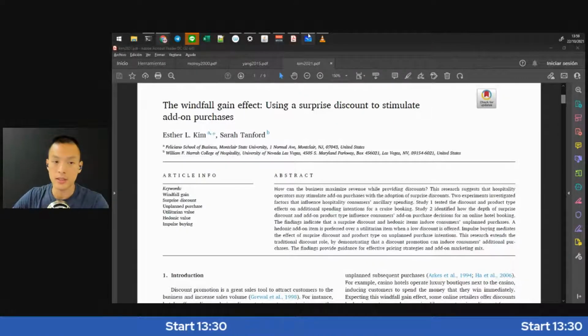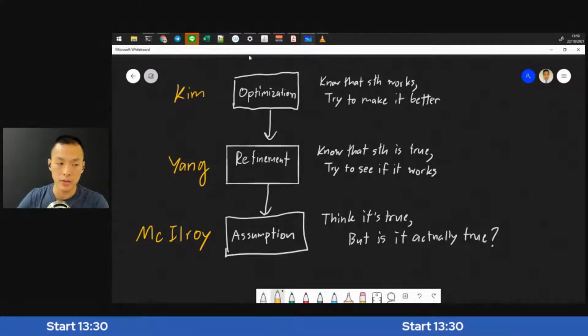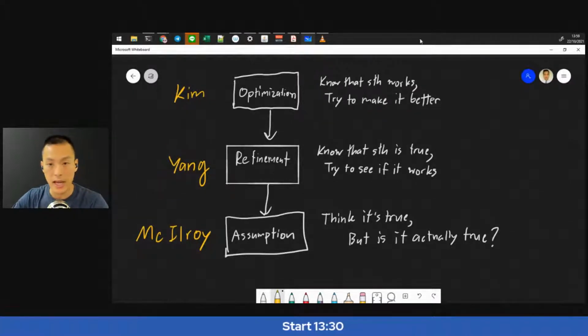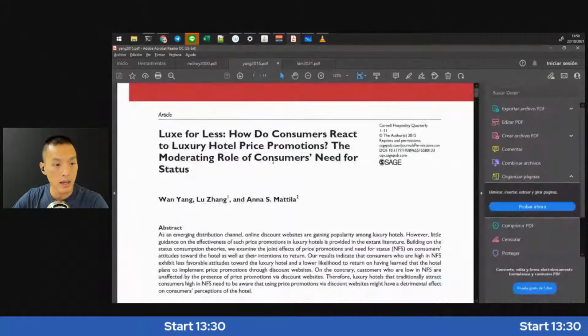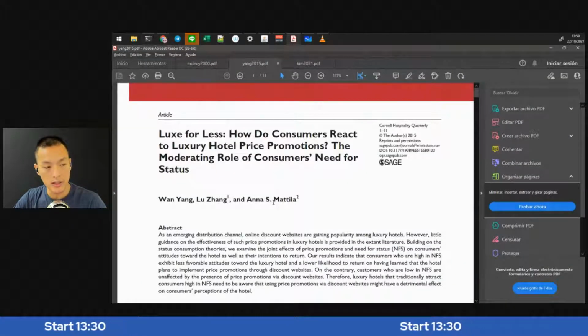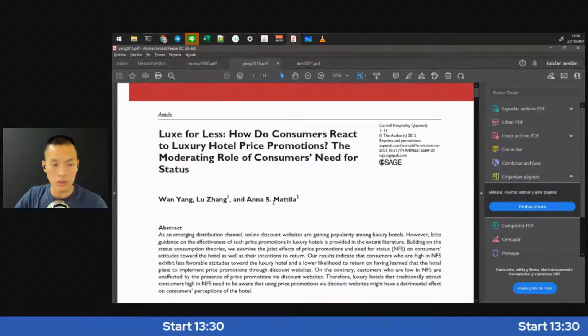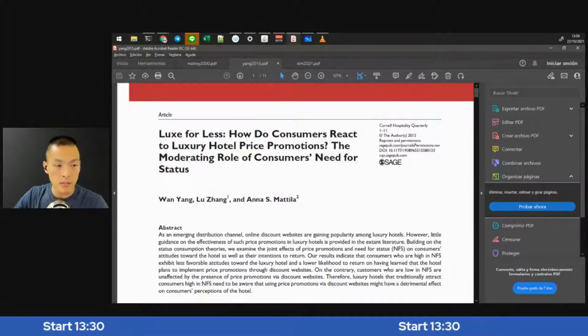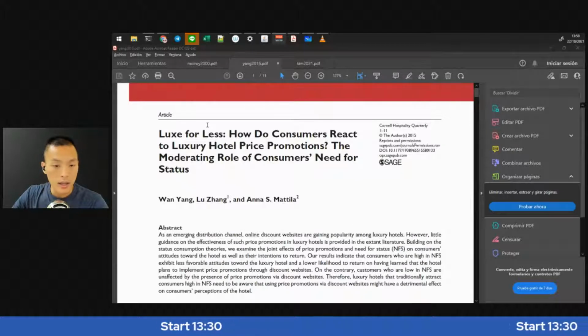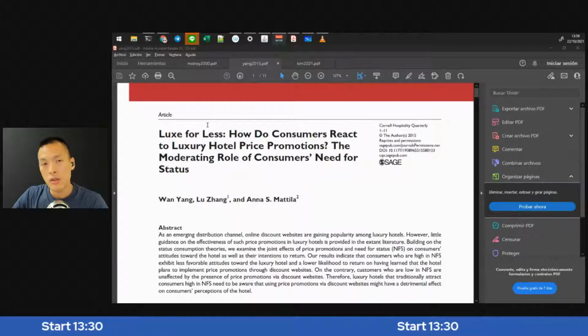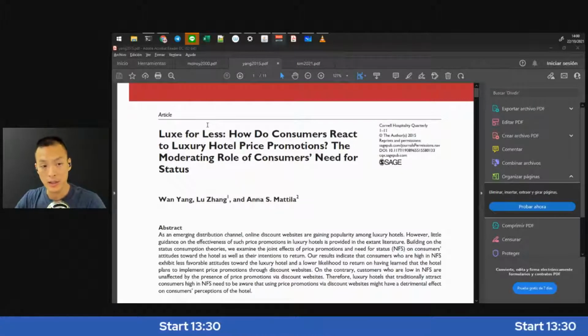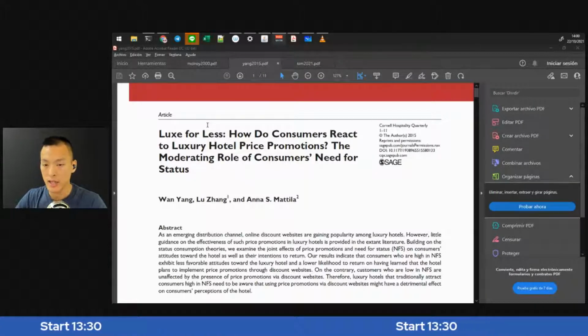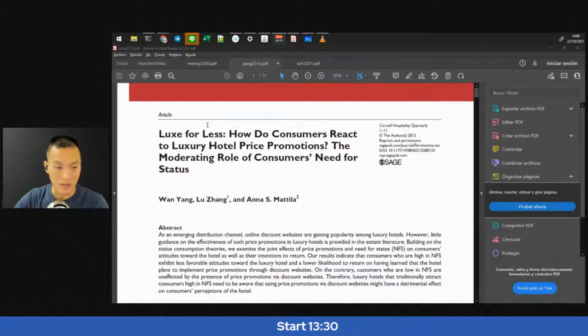So let's move on to the second level, the deeper level of doing research, with a paper by Yang. Yang's title is "Looks for Less: How do consumers react to luxury hotel price promotions? The moderating role of consumers' need for status." Rather than going through the whole how-to-read-a-paper process like I just did with Kim's paper, I will go through this one slightly faster because we have a lot of things to cover today.